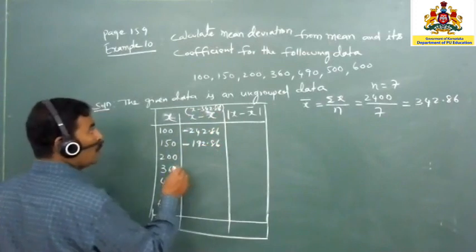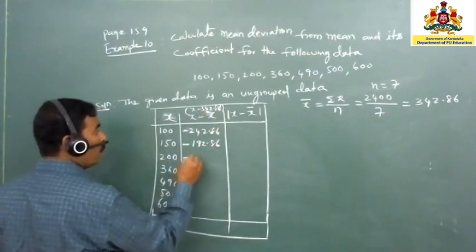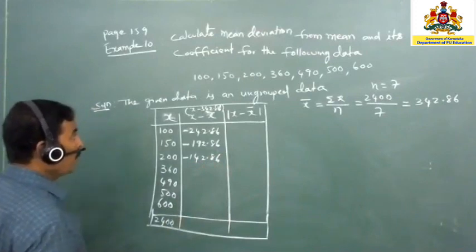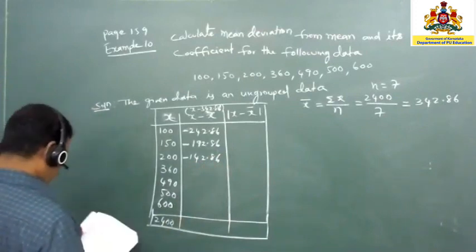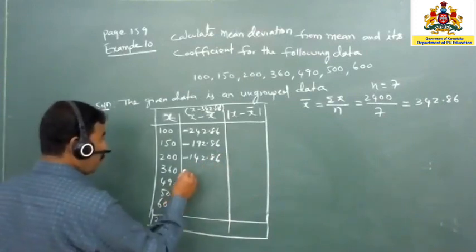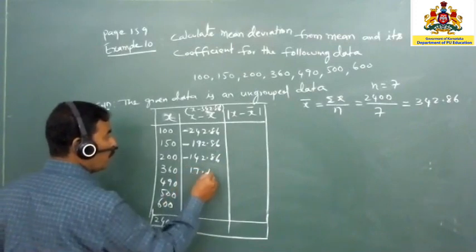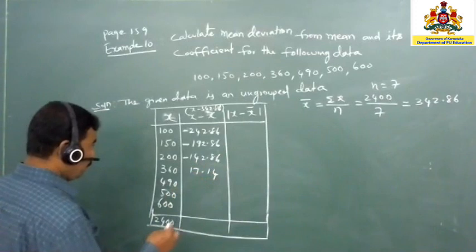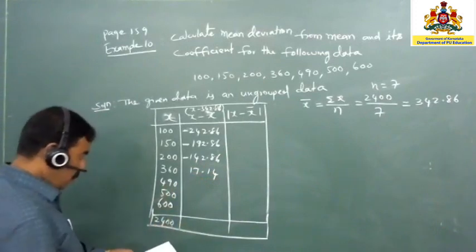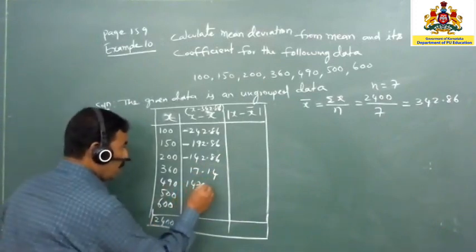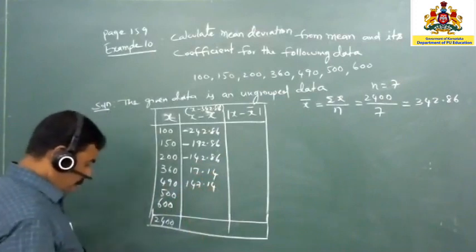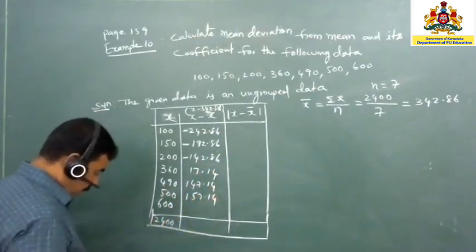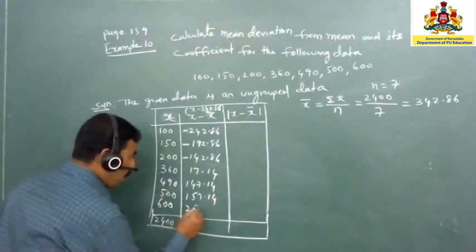Then 200 minus 342.86 is minus 142.86. 360 minus 342.86 is plus 17.14. Then 490 gives 147.14, then 157.14, and 257.14.